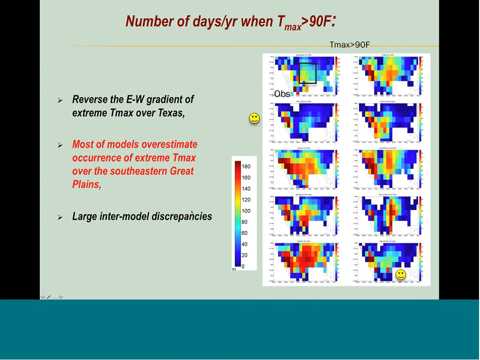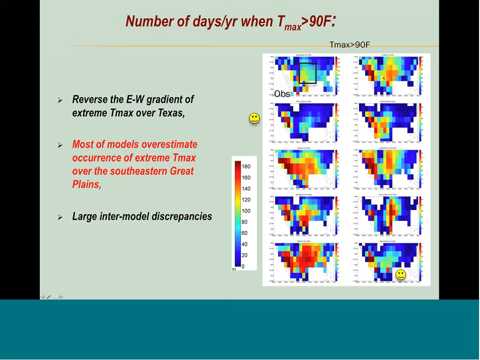So how well could models represent the spatial pattern of extreme temperature? This figure compares the observed occurrence of daily maximum temperature warmer than 90 degrees Fahrenheit to the modeled frequency of occurrence of extreme temperature.